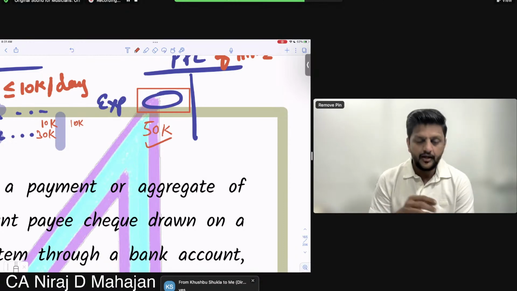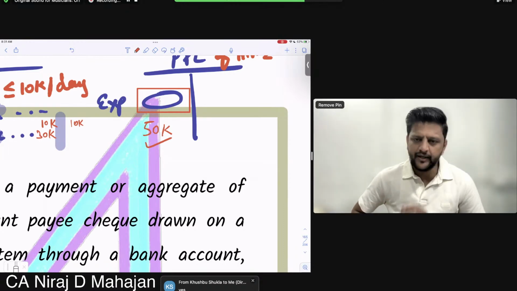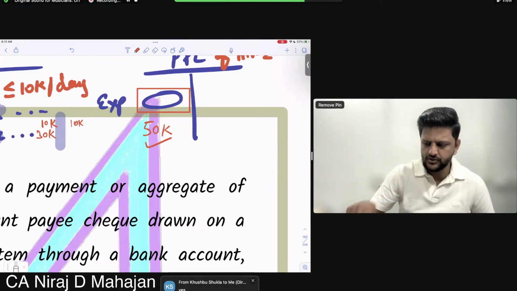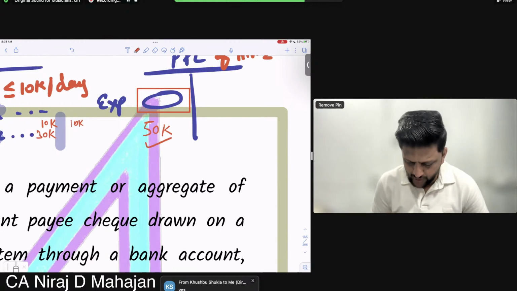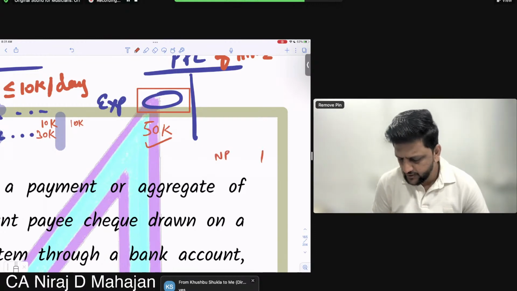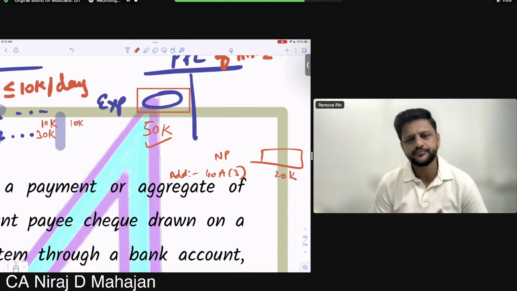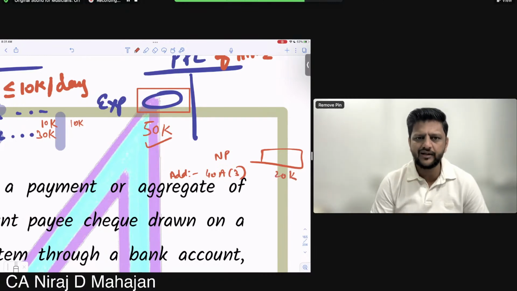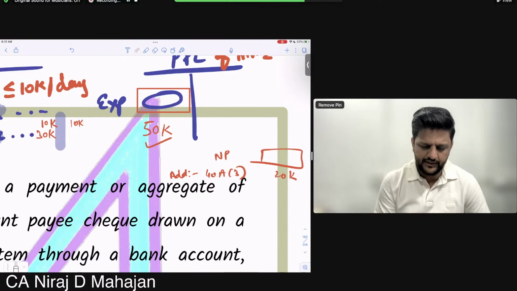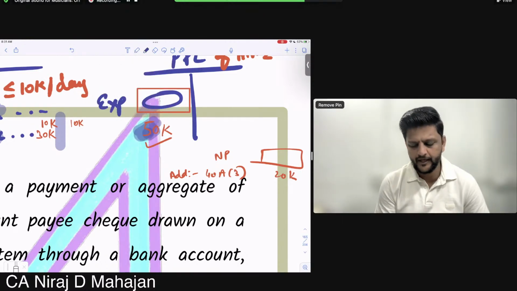But when I make the payment by unapproved mode, let us say of 20,000, how do I start my computation of income? I start with net profit. And over there I'll say add disallowance under section 40A(3) of 20,000 rupees. My net profit will increase, because indirectly I am allowing only 30,000 in the P&L debit.